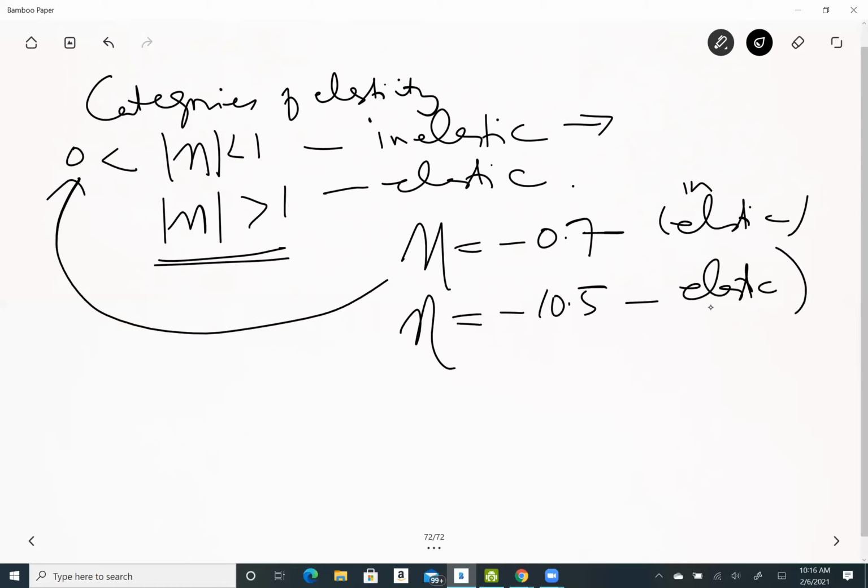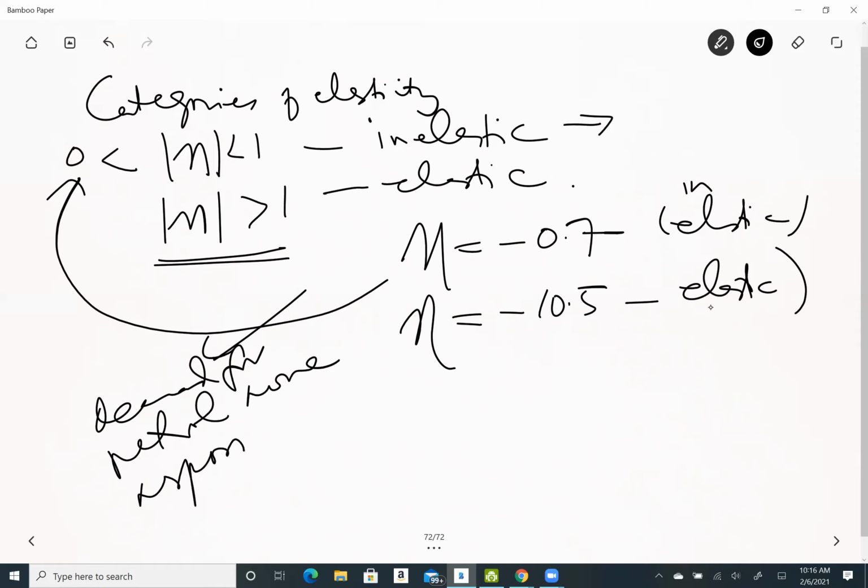Okay. So you can see here the demand for petrol is more responsive, more sensitive to price change.